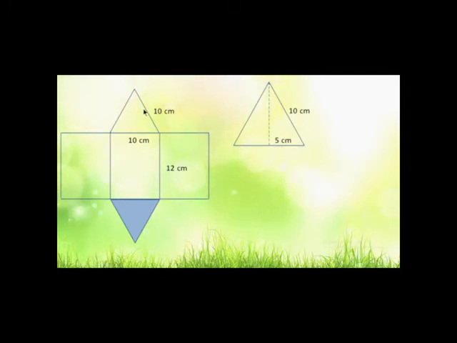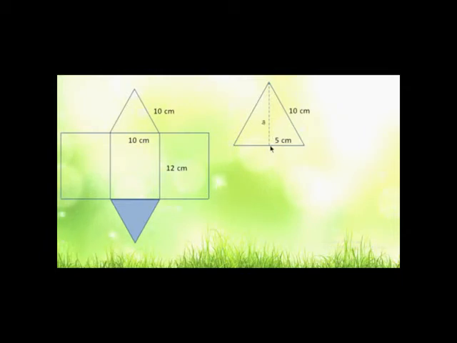Let's discuss the triangle first. This triangle is actually from this triangle. We know that this is an isosceles triangle, which means each side is 10. So in order to find the area of this triangle, we have to know the height.